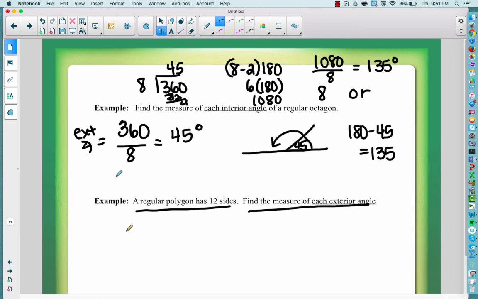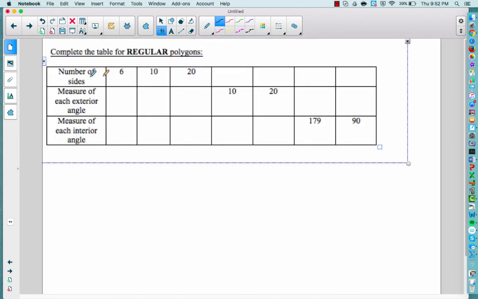All right, so we have to use the exterior angle theorem here. So we do 360 divided by 12, and we get 30 degrees. So each exterior angle is 30 degrees. All right, so let's go through the table based on each piece that we get. Okay, if we have 6 sides, it says find the measure of each exterior angle.